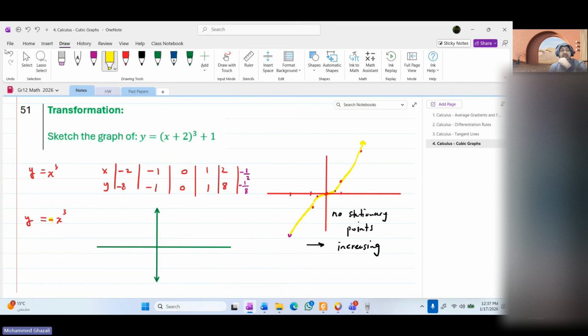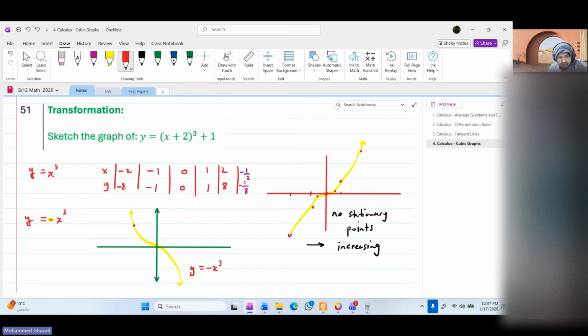No, sorry. It's going to be a reflection on the x-axis. If the y value becomes negative, it's a reflection on the x-axis. So this piece is going to move up here, and you'll get a graph like this.